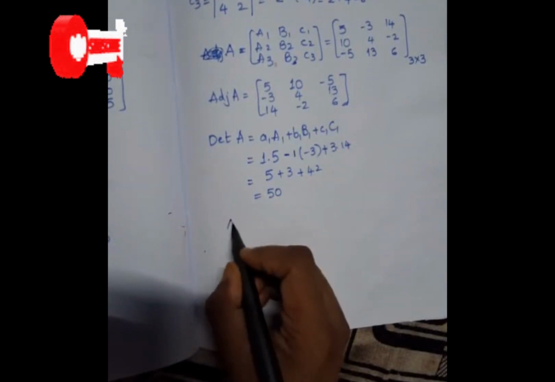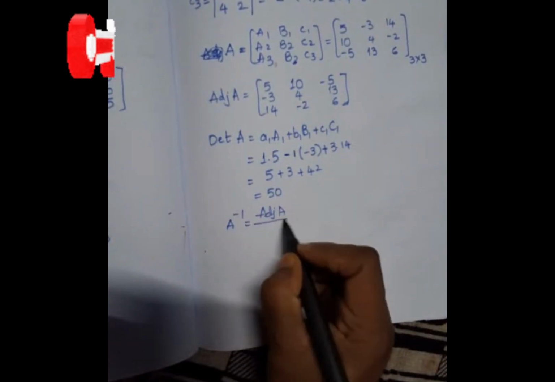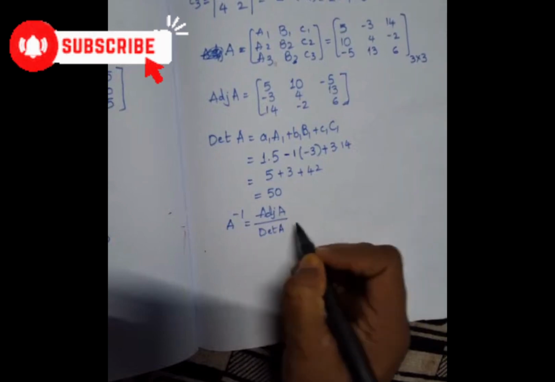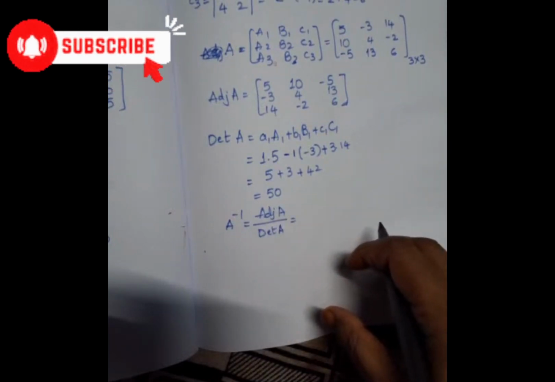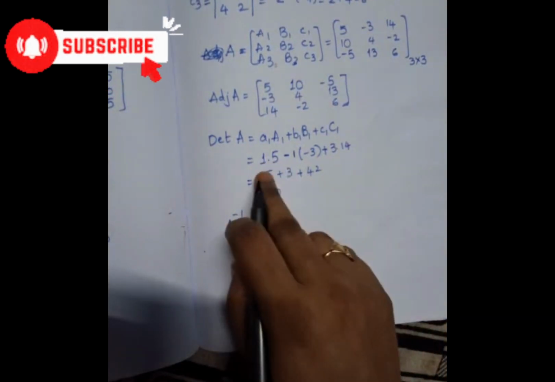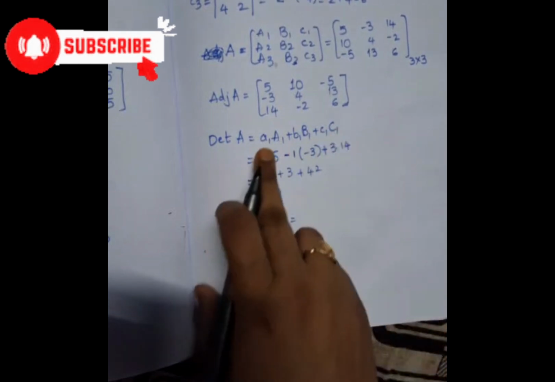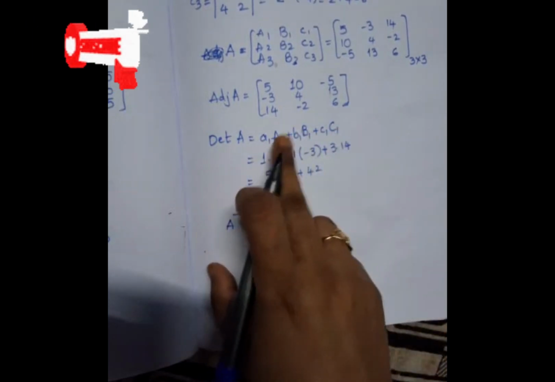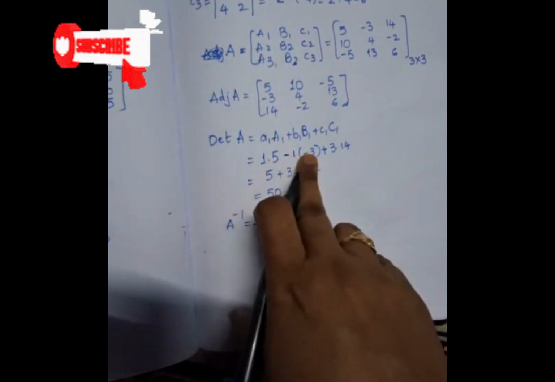Now what we have, A inverse we have to find: adjoint of A by determinant of A. Okay, adjoint of A means adjoint of this. If you have any doubt, please comment in the comment section. A1 B1 C1 means the first row from the adjoint of A matrix, that is 5, minus 3, 14.